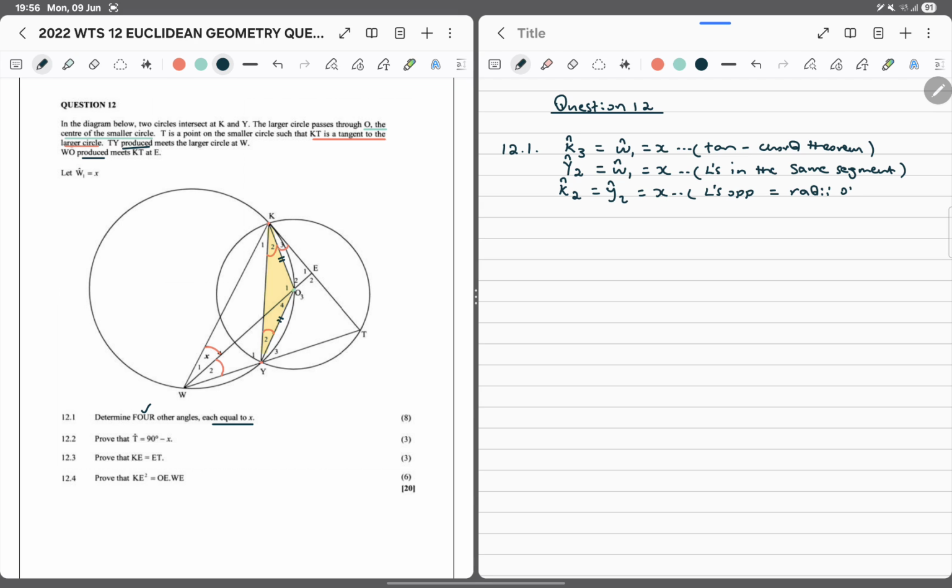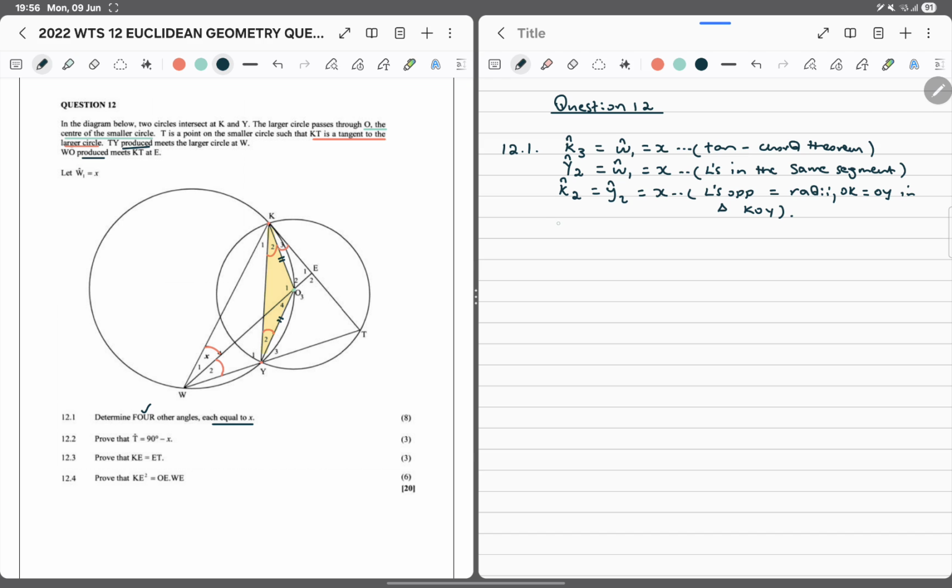KO equals OY in triangle KOY. Let's name the triangle because this is in a triangle. Of course, we could say equal sides, but those are already given. That's why we know they are equal.